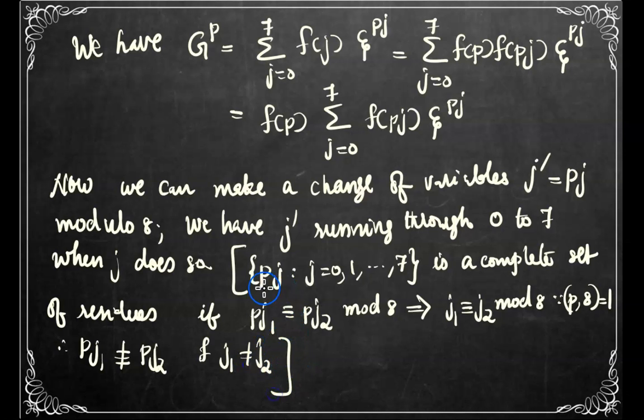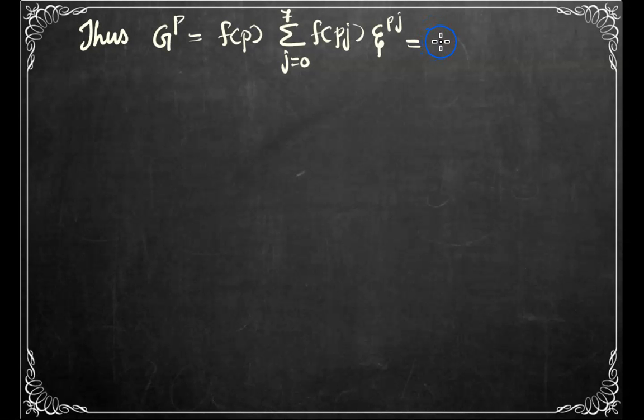Thus, we have seen that this is a complete set of residues. Hence, whenever j varies from 0 to 7, the value of pj also has the same variation when considered modulo 8. Now, we can replace the variable j by j dash to obtain the expression f of p into the sum over j dash varying from 0 to 7 of f of j dash, by replacing pj with j dash, into zeta raised to j dash.